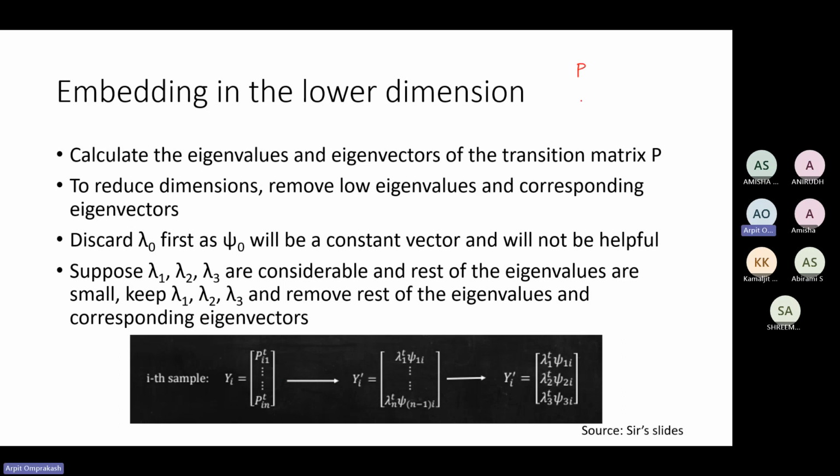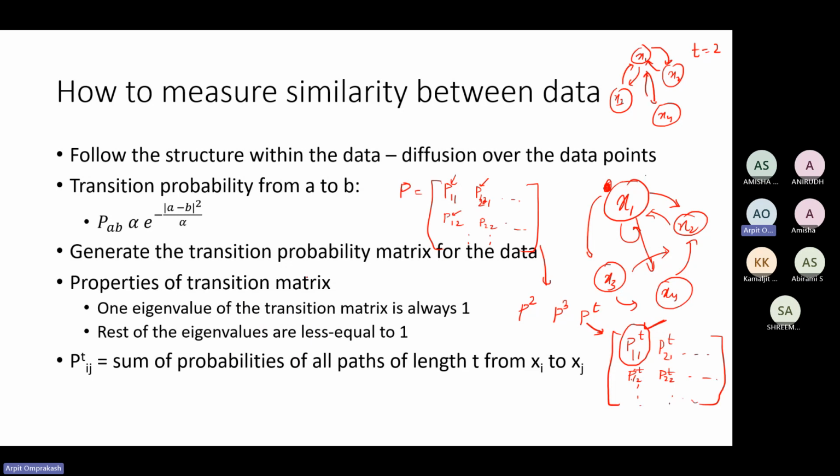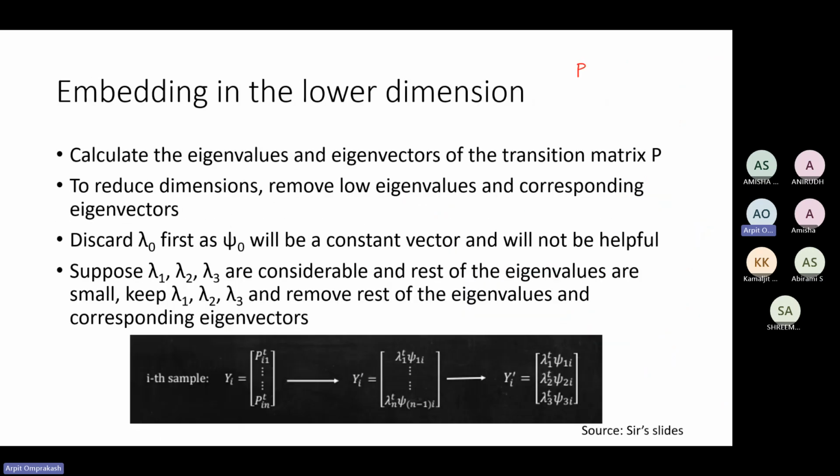We calculate the eigenvalues and eigenvectors of the transition matrix P. As we know from before, the first eigenvalue will always be 1, and the rest of the values will be less than or equal to 1. So let's say we have eigenvectors psi 0, psi 1, psi 2, and so on till psi n, and correspondingly lambda 0, lambda 1, lambda 2, so on till lambda n.